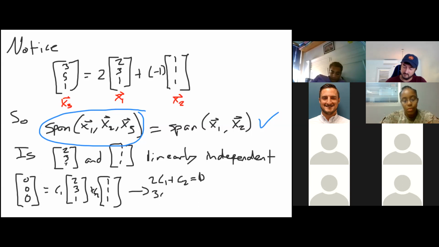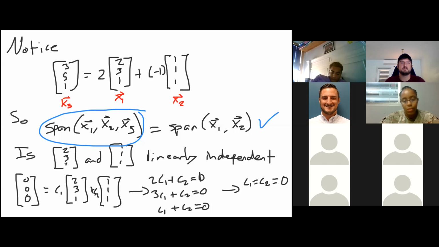It's going to tell me 3C1 plus C2 has got to be equal to 0, and C1 plus C2 has got to be equal to 0. And what is the only value of C1 and C2 that will make all three of those equations true? 0. Only going to be 0.